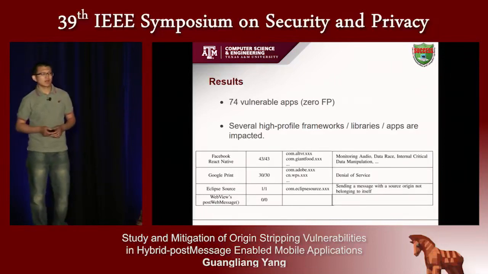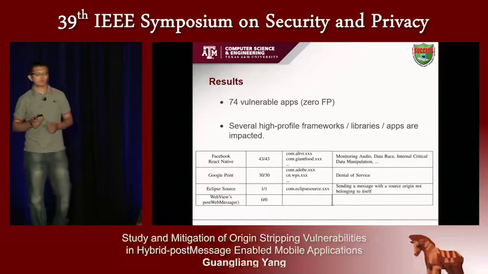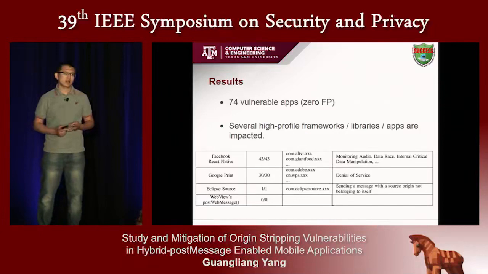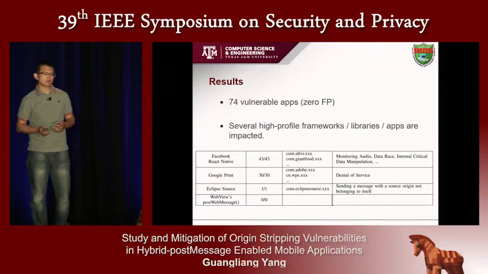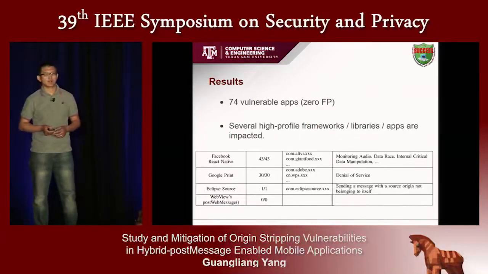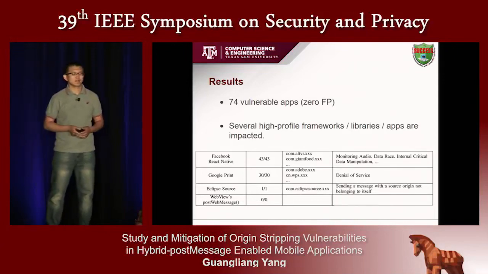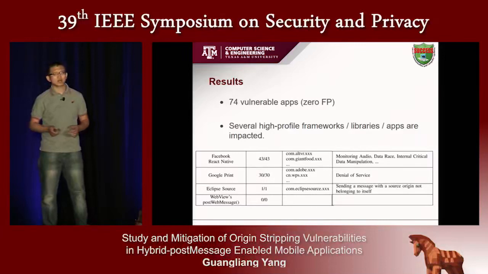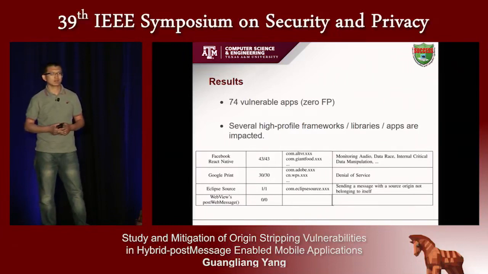Several high-profile frameworks, libraries, and apps are impacted, such as the Facebook React Native Framework and the Google Cloud Print Library. Serious consequences may be caused; for example, attackers may silently monitor a microphone, or crash apps by triggering some data race or manipulating some internal data.